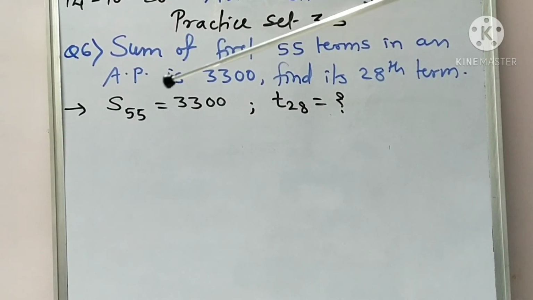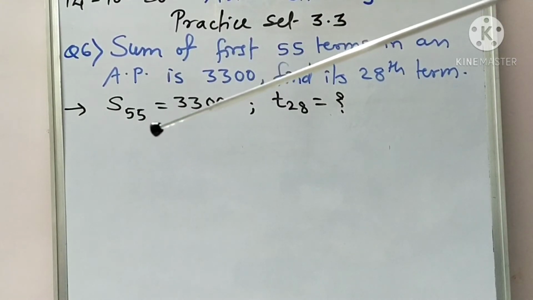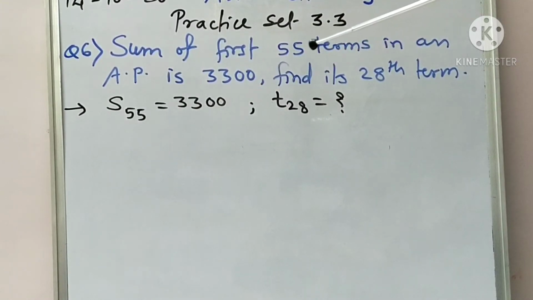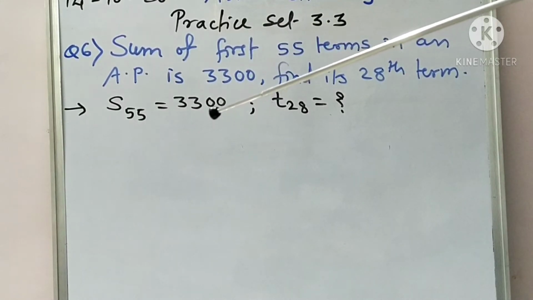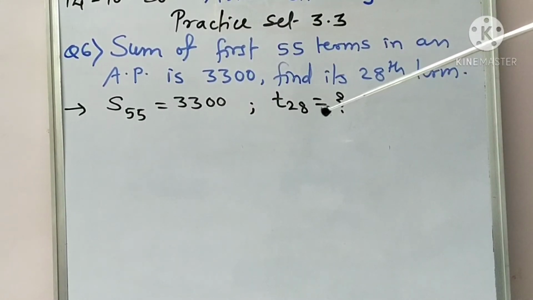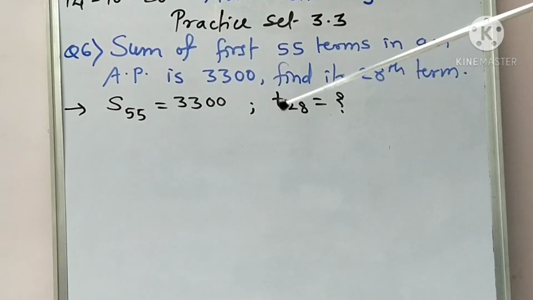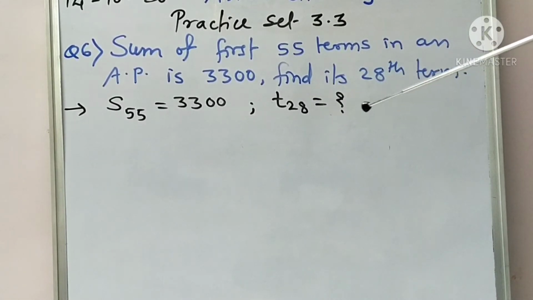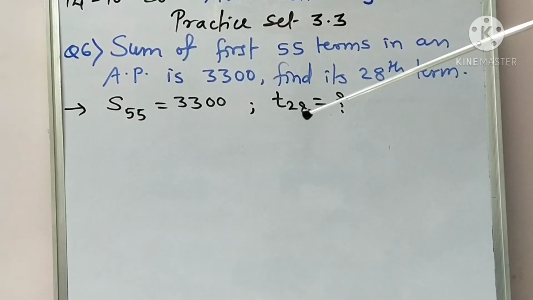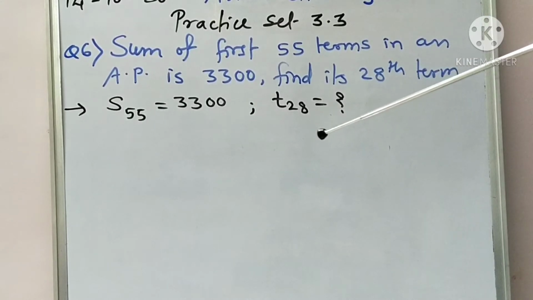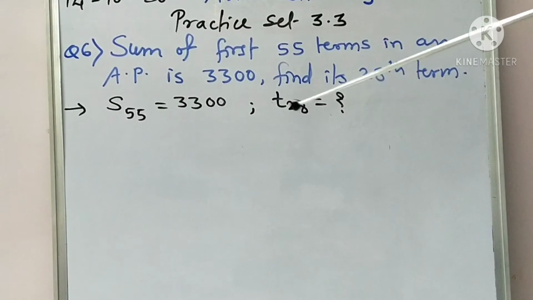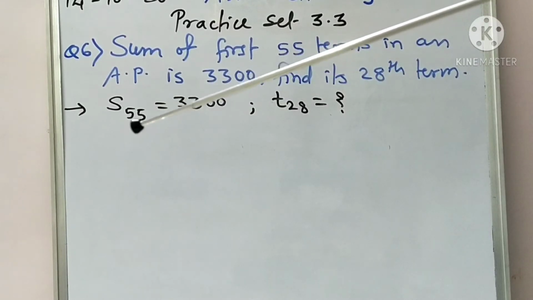S55, the sum of the first 55 terms, is given as 3300, and we have to find the 28th term, T28. We get T28 by the formula of Tn, but in Tn we require the values of a and d, which are not given.